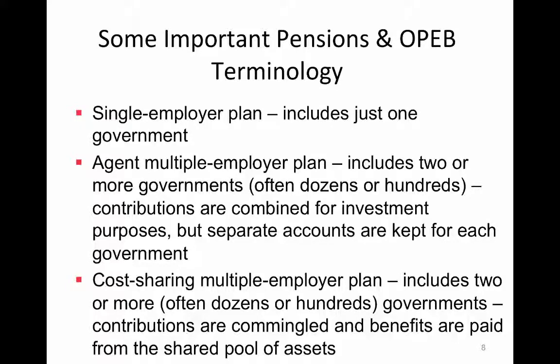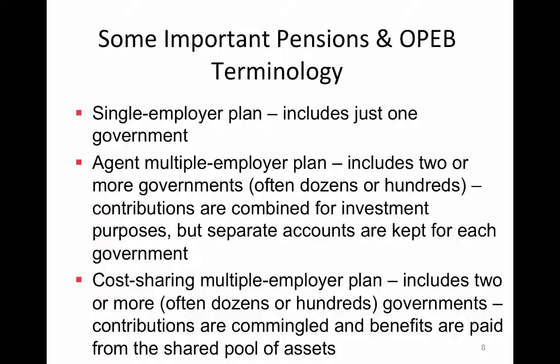The actuarial valuation, the measurement of the pension liability or the OPEB liability is done for the entire plan as a whole, whereas under an agent multiple employer plan, actuarial valuations are done for each individual employer so that that employer knows how much to contribute to their account.